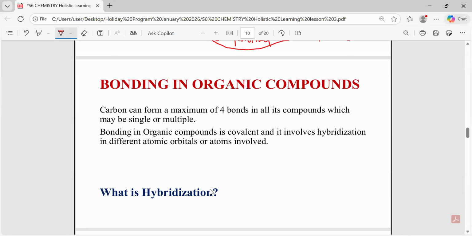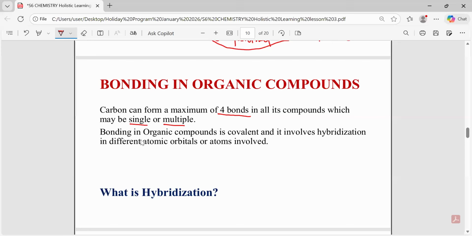Your hand was up, Grace, but you read for us. Maybe another person will answer that question after. Read the first paragraph. Carbon can form a maximum of 4 bonds in all its compounds, which may be single or multiple.